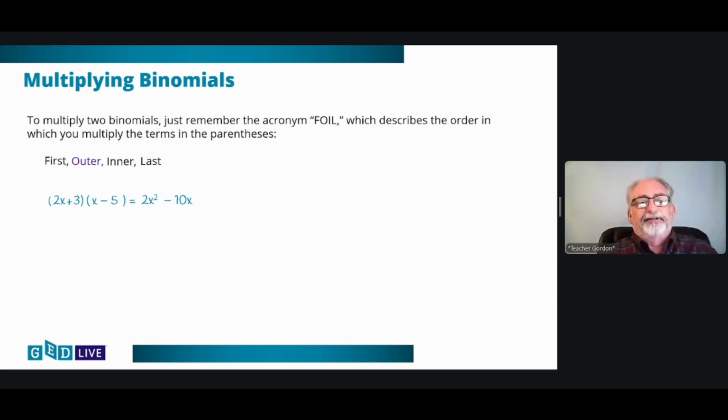Okay, so now we do our inner. We've just done first and we've just done outer. Let's do our inner now. Folks, what's positive 3 times x? Yeah, that's right. 3x. And then finally, last, 3 times negative 5.